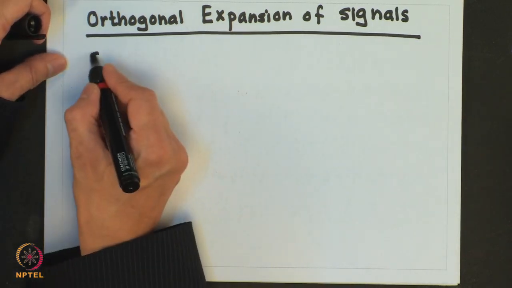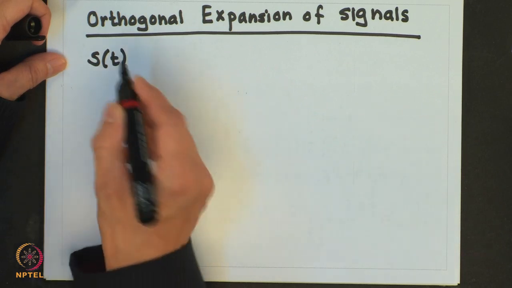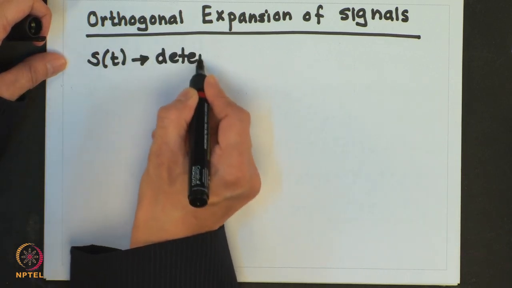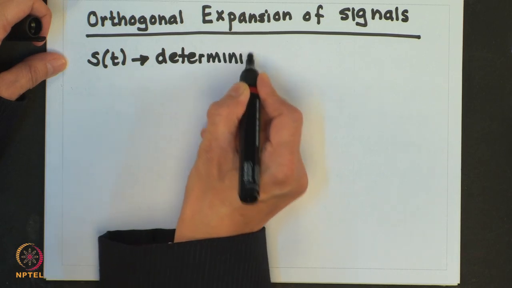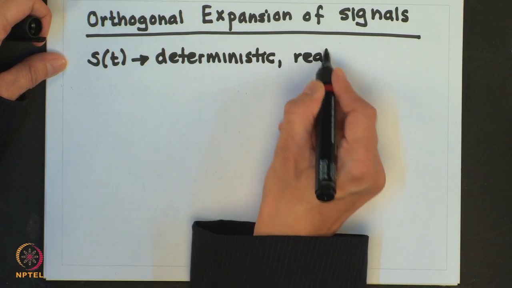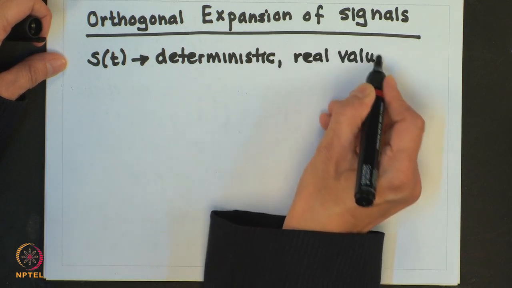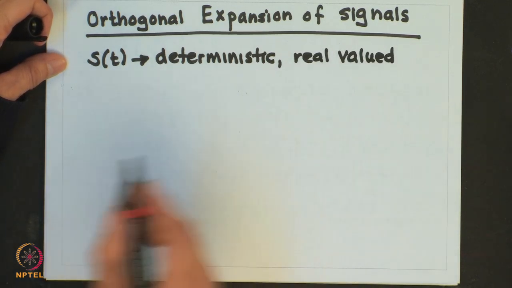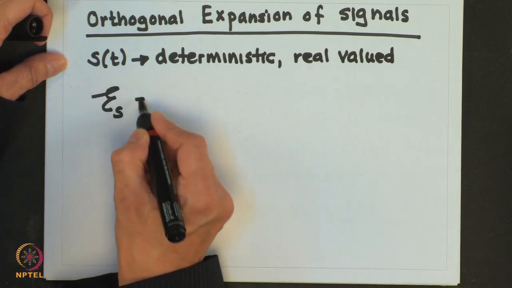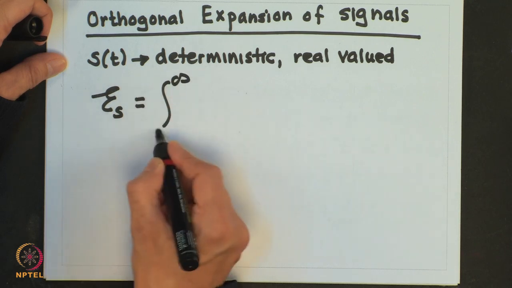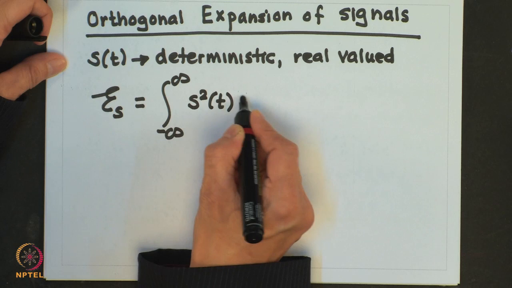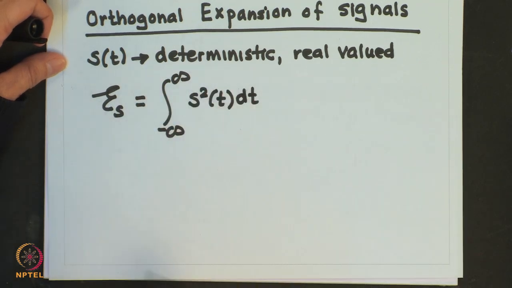So, suppose that we have a signal s(t) which is deterministic and real valued, and it is a finite energy signal. So, what it means is that if I calculate its energy, this is finite. I can evaluate this integral.